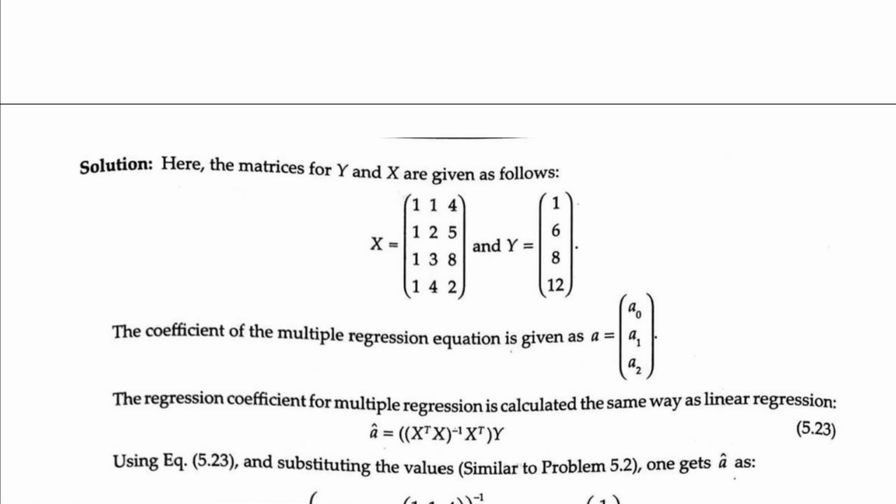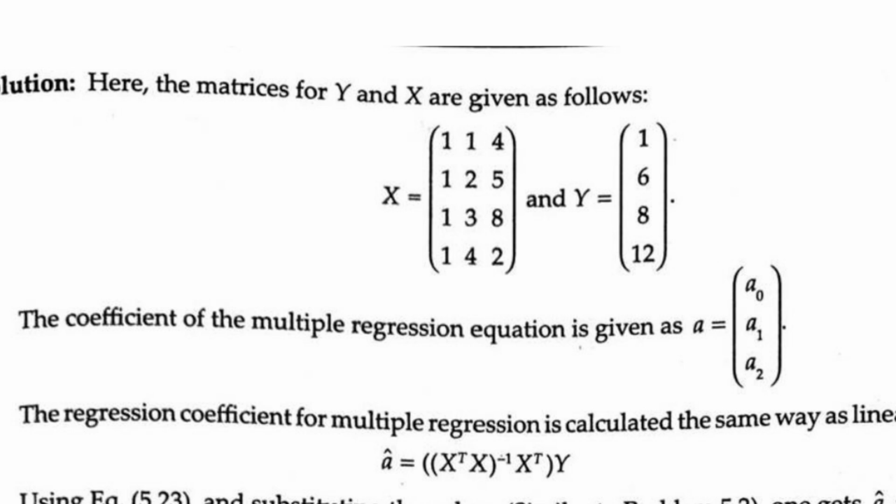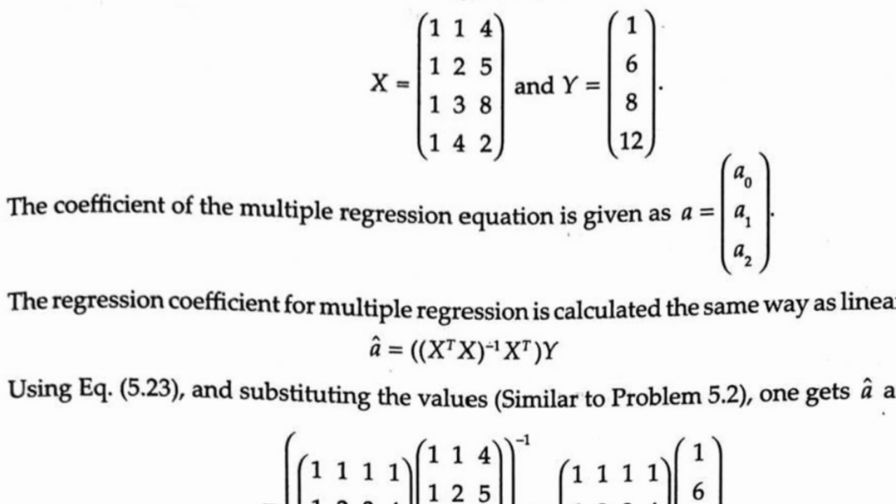The process is same. Here, an additional column will come. In the previous case, we had only one column. The first is the bias 1, 1, 1, 1. Second is x1, third is x2. Y is same, and the rest of the things are same.